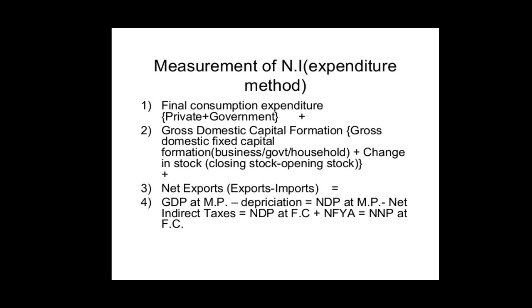And finally, we add net factor income earned from abroad to net domestic product at factor cost to obtain net national product at factor cost, which is called national income.